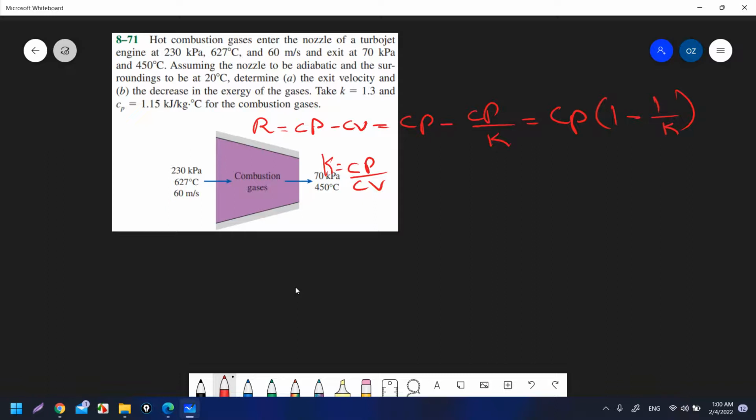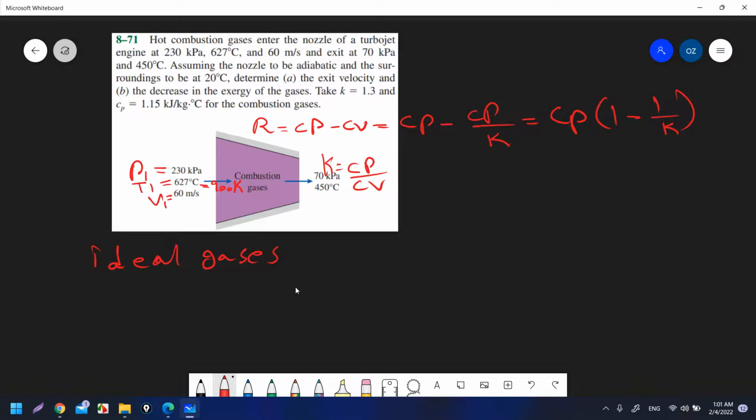But let's see the question and how we will solve it. Hot combustion gases, we will treat them as ideal gases, enter the nozzle of a turbojet engine at P1 of 230, T1 is 627 degrees Celsius, equal to 900 Kelvin, and velocity V1 is equal to 60 meter per second.